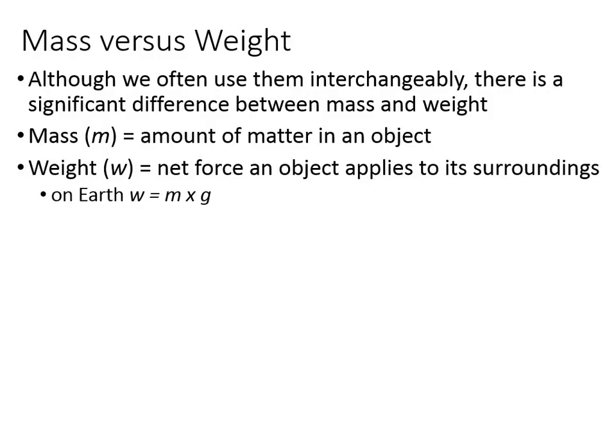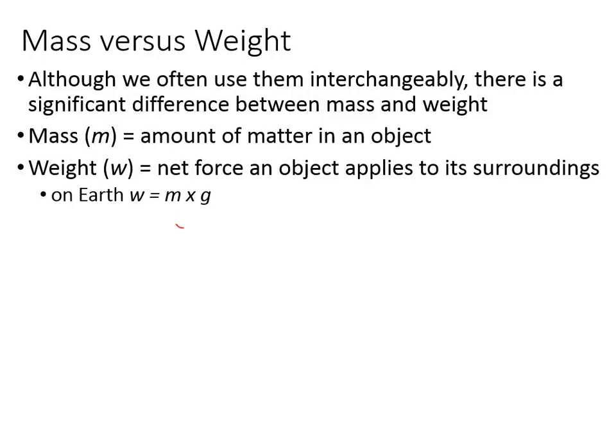So if we want to calculate weight, and again, I'm not going to have you do any calculations in this class, but W, weight, all we'd have to do is take the mass of the object in kilograms times g, the acceleration due to gravity. On Wednesday, in that slide anyway, we went with a value of 10.